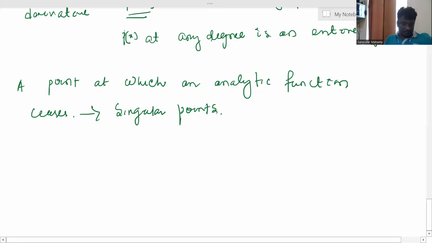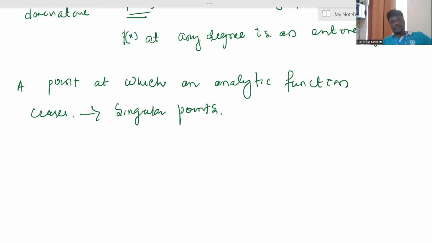Omega equals log z is non-analytic, because it does not satisfy the particular equations.